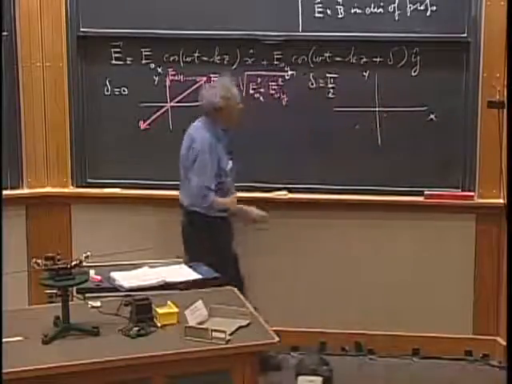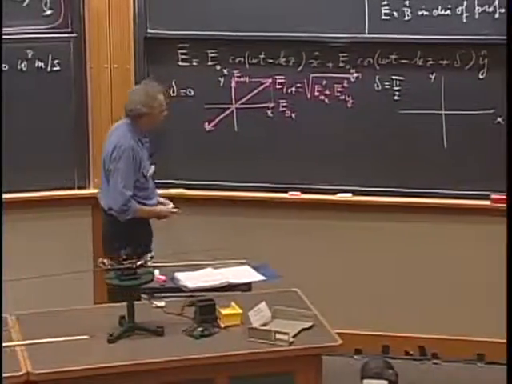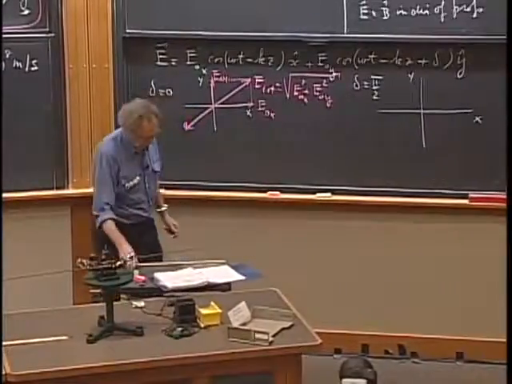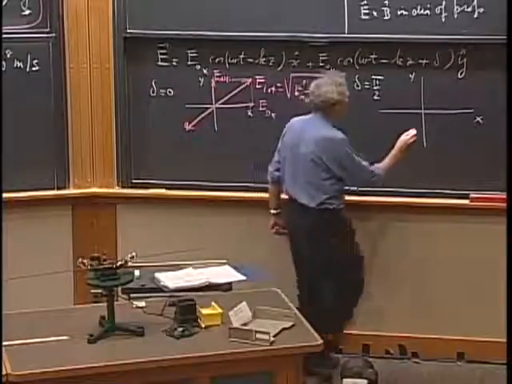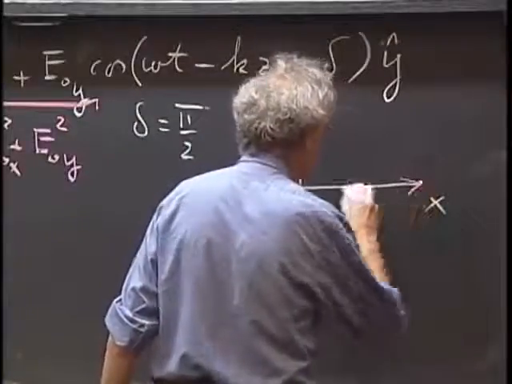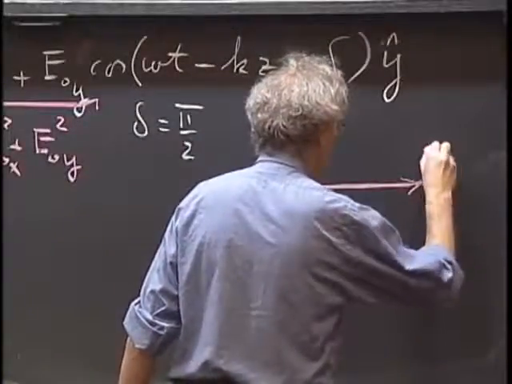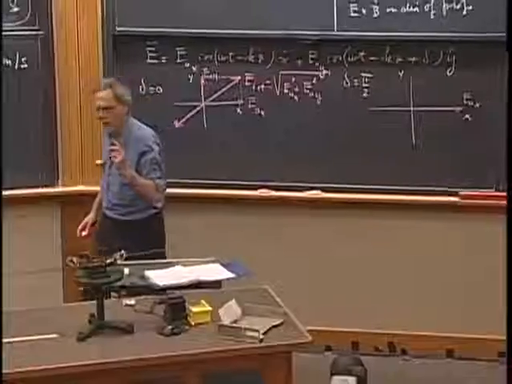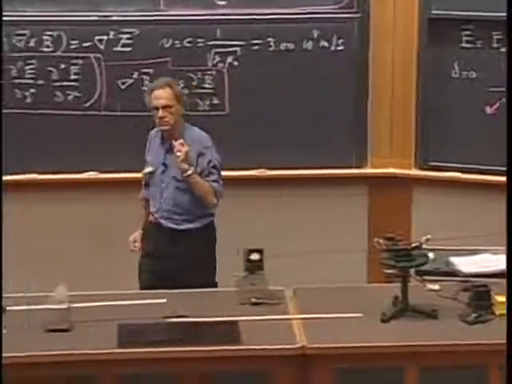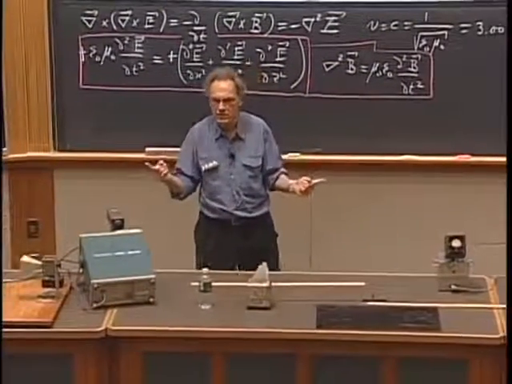X cross y is in your direction. And now I pick a moment in time that E0x is a maximum here. So this is the vector, E0x. But now the E vector in the y direction is 0, because they're 90 degrees out of phase.